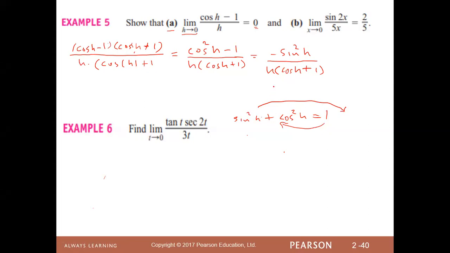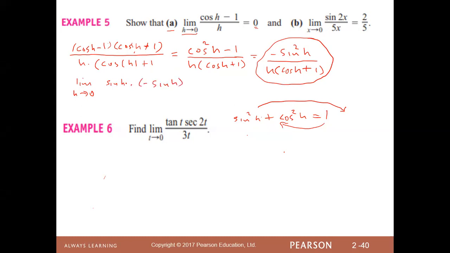Yes. Good. So now we will split this into two parts. So we need the limit as h goes to 0 of this, right? So we're going to divide this into two. The first will be just sine of h. The second is negative sine of h.